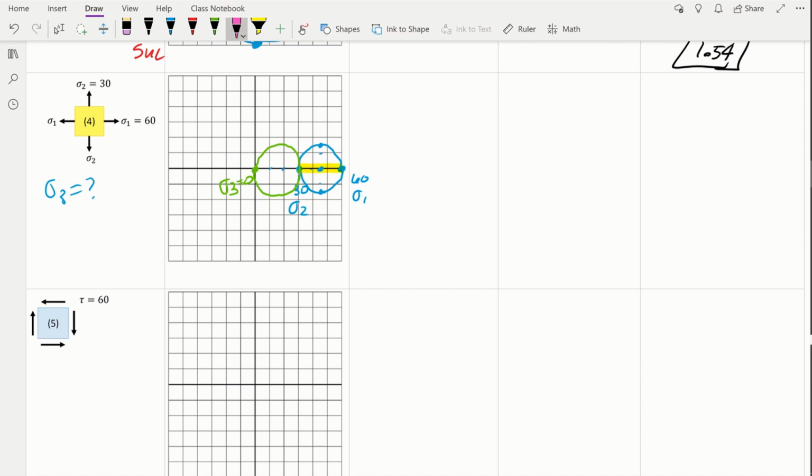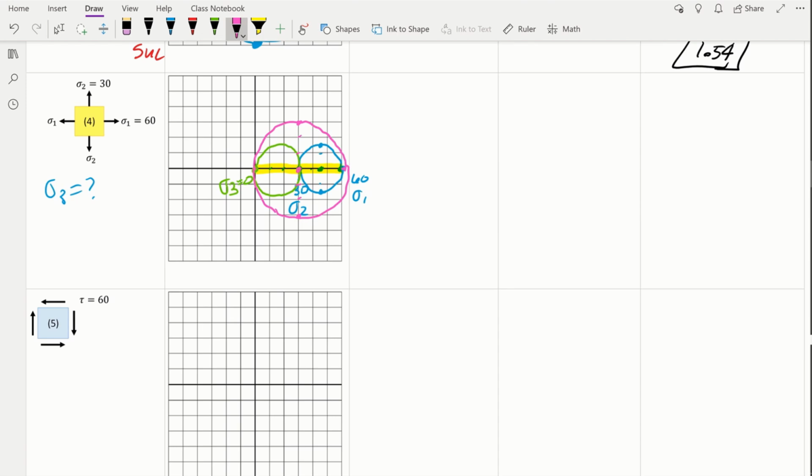And then we can make another one between sigma 3, which is 0, and sigma 1, right? Which would put the diameter all the way over here, right? The center of that circle is going to be right at 30, which means the radius is going to be 30, 10, 20, 30. If I go down 10, 20, 30, so let me try to connect these points, something like this.